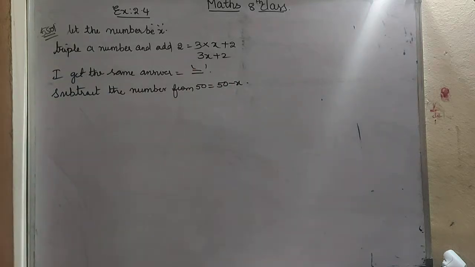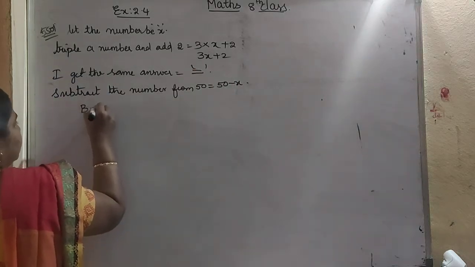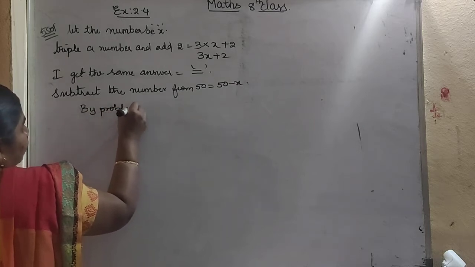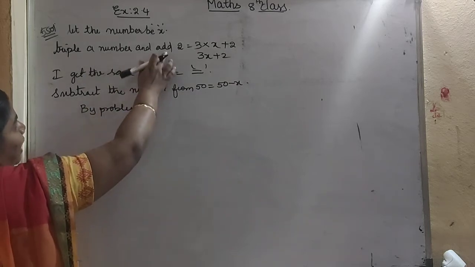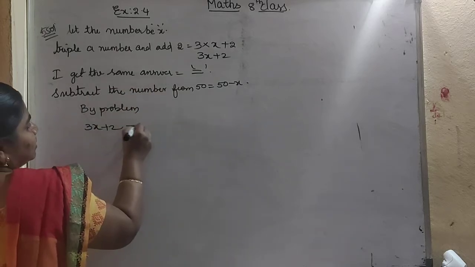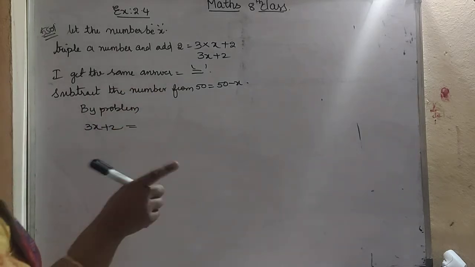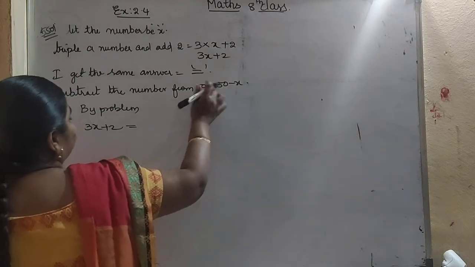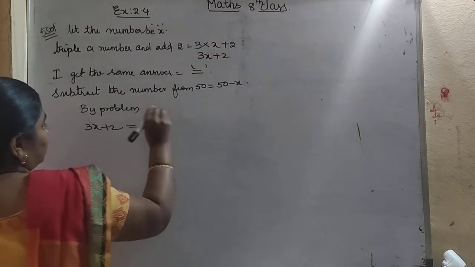Now we have to solve this. By the problem, triple a number and add 2 means 3x plus 2. I get the same answer, the equal to sign, when I subtract a number from 50, that is 50 minus x.